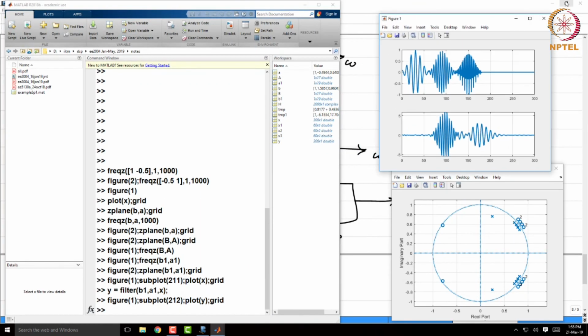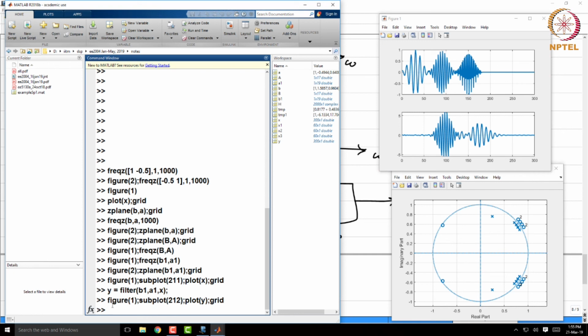Now, let us again use MATLAB's help, and then plot group delay. As I said, MATLAB can do anything you want short of those two items, eating your lunch and writing your quizzes. So, now let us plot group delay B1 A1, all right.